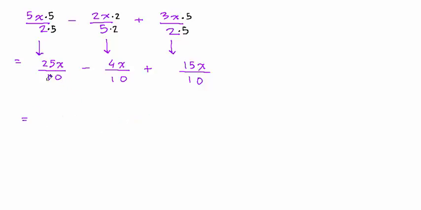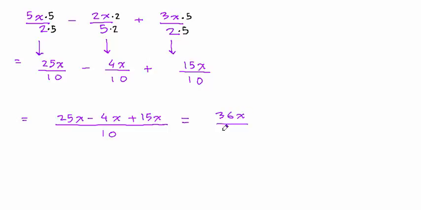Now that we have all three fractions on the same denominator, you know the rule, you can just write all over 10 and add or subtract the numerators. So this is going to be 25x minus 4x plus 15x, which is equal to 25 minus 4 is 21, 21 plus 15 is 36, so that's 36x over 10, and we need to reduce that because both 36 and 10 are even numbers.